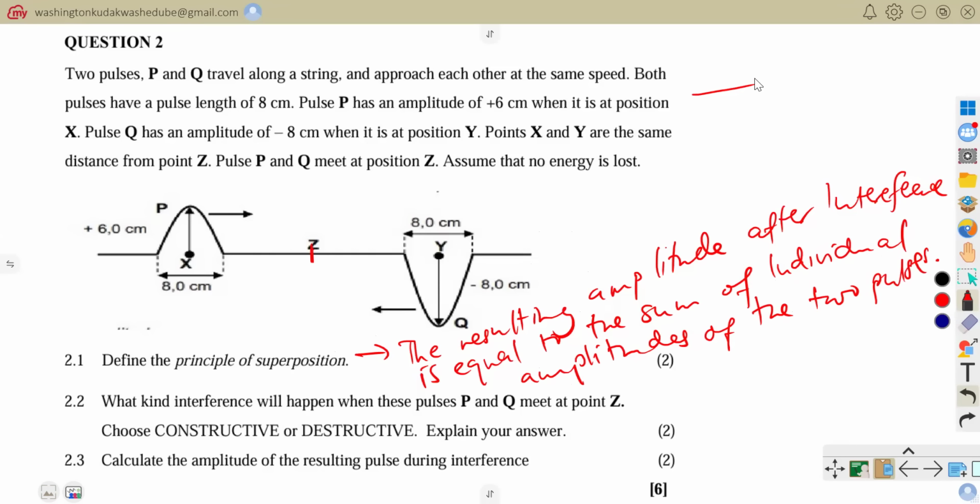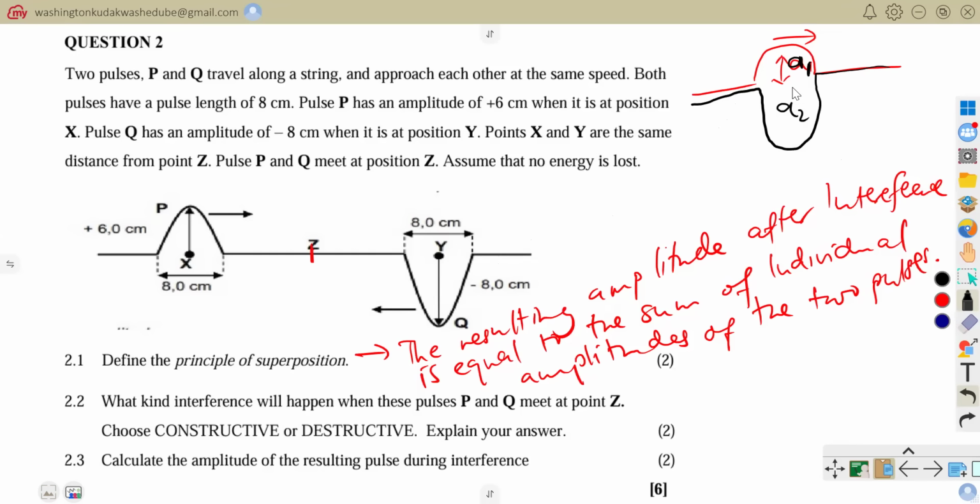Let me call this A1. So we have got amplitude A1. And then we have this pulse which is also moving in that direction, and it has an amplitude of A2.